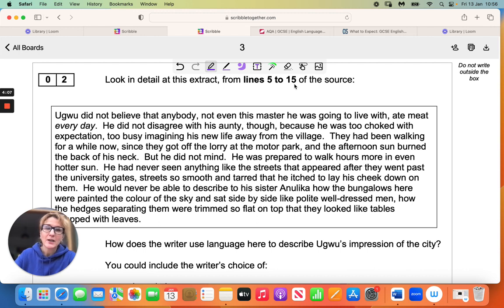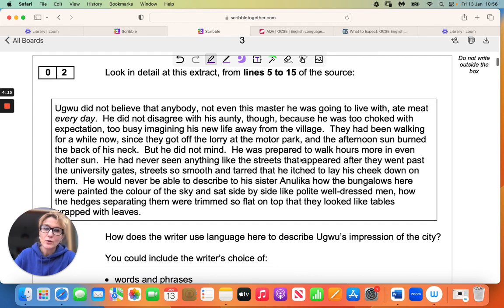And just to make sure that it's very clear, they've included this part of the source here, so you don't even have to go back to the insert. But what you do need to make sure you know is what to expect for question 2. All of the lessons coming up will help you know what to expect, how to access the marks, how to be more confident, and how to do your best in a specific period of time.